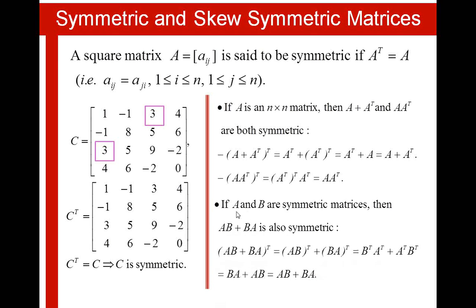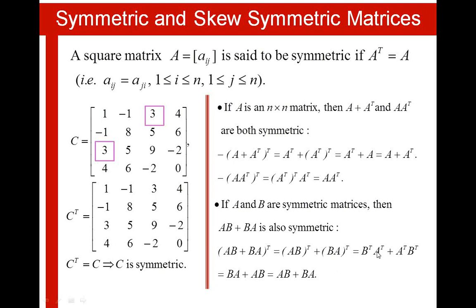Another problem: if A and B are symmetric matrices, then AB plus BA is also symmetric. Let's see that. AB plus BA, transpose, is equal to AB transpose plus BA transpose. When we do the transpose on the product of these two, it becomes B transpose times A transpose plus A transpose times B transpose, as seen before.